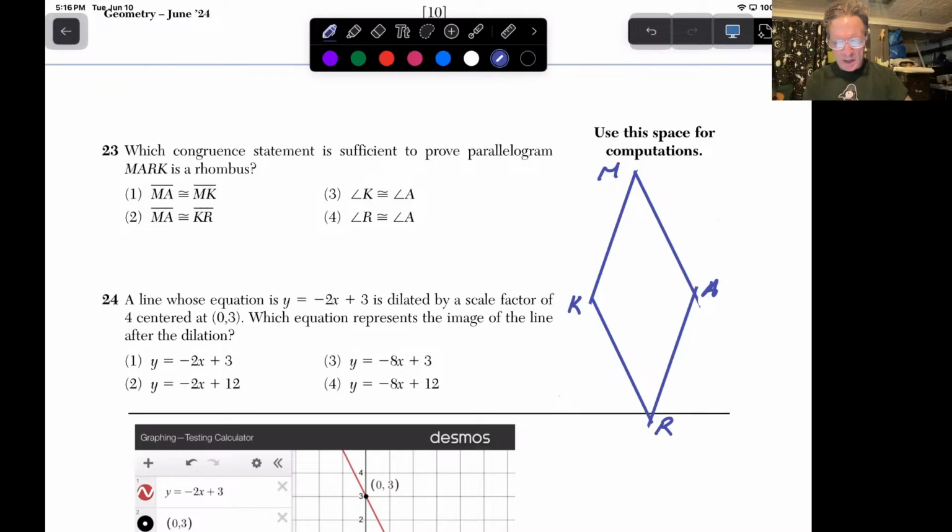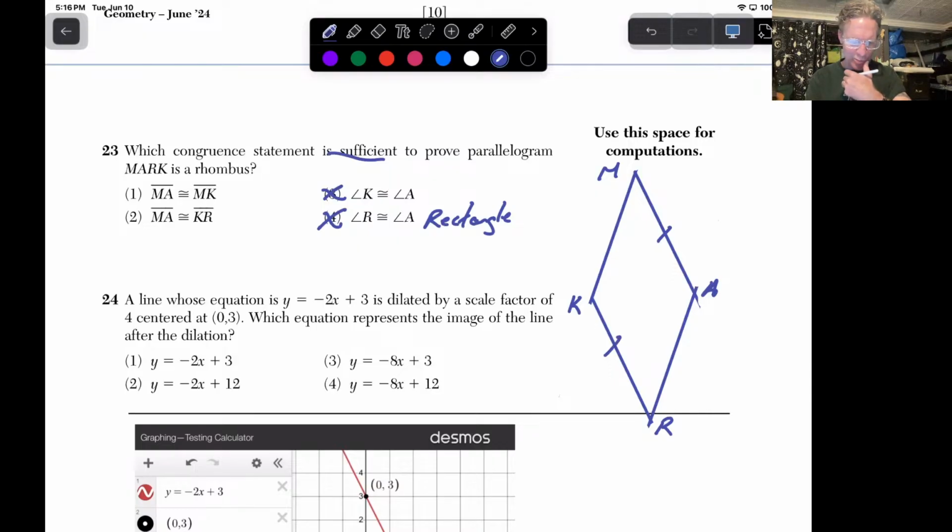So let's take a look. Is angle K congruent to angle A? Well, it's true, but it's also true for a parallelogram, so not that one. Is R congruent to A? No, it's not true at all, and that's for a rectangle or a square. MA congruent to KR, these two?